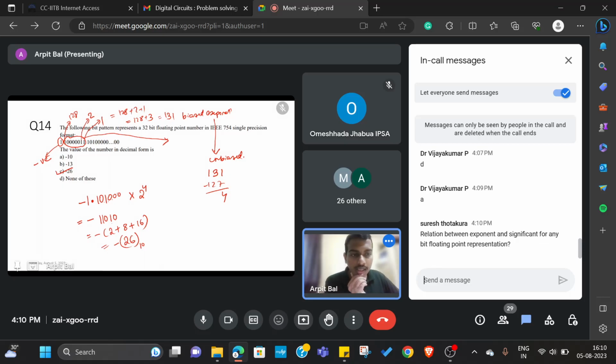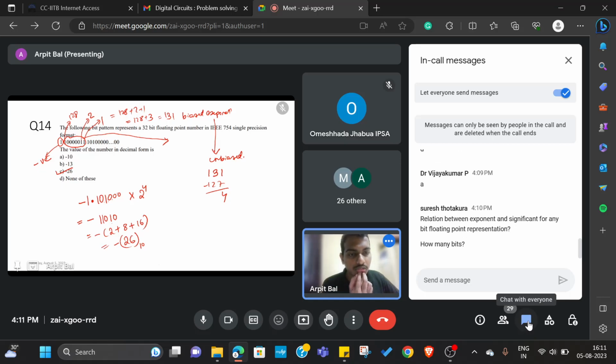Sorry Suresh, I could not get your doubt. What is it about the relation between exponent and significand for a floating point representation? Suresh, can you explain your doubt a bit? Okay, so the exponent in this particular case will be 8 bits because it is single precision format, and the significand will be 23 bits.